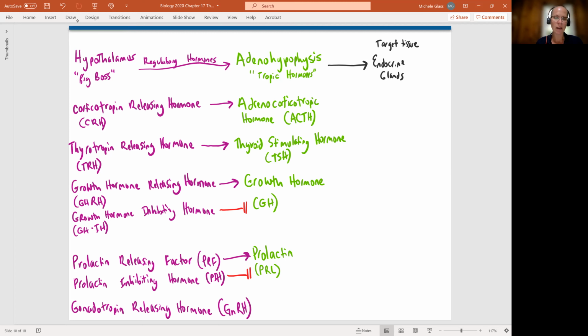And then we have gonadotropin releasing hormone being produced by the hypothalamus. The gonadotropin releasing hormone is abbreviated capital G, lowercase n, capital RH. And it is going to talk to the adenohypophysis, and it's going to trigger production of two different things. So we're going to get what's called follicle stimulating hormone, or FSH.